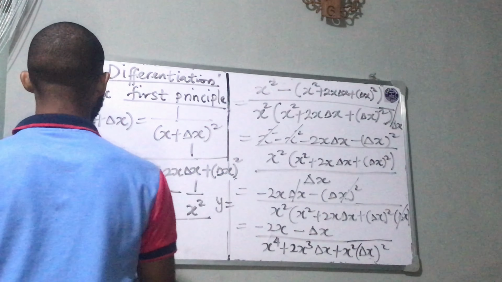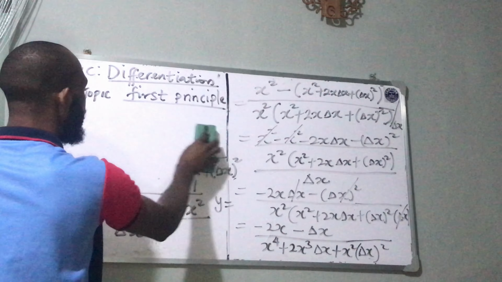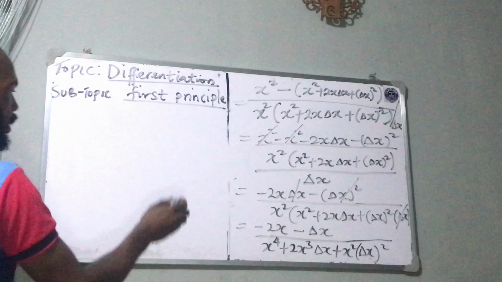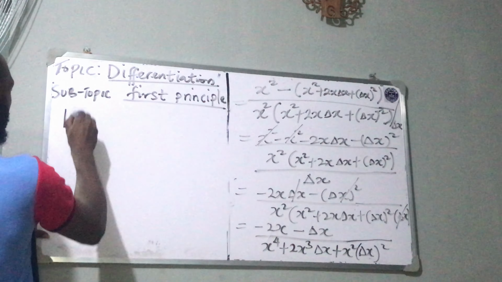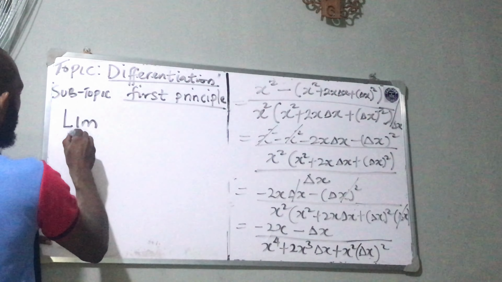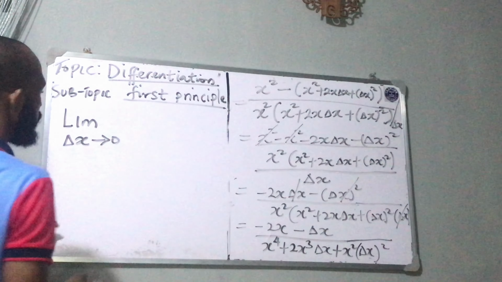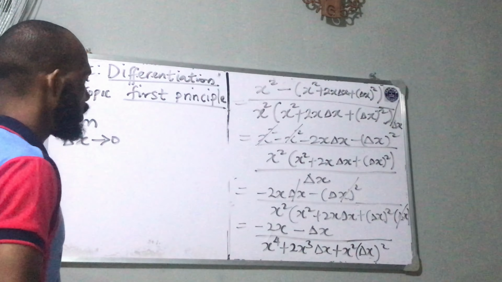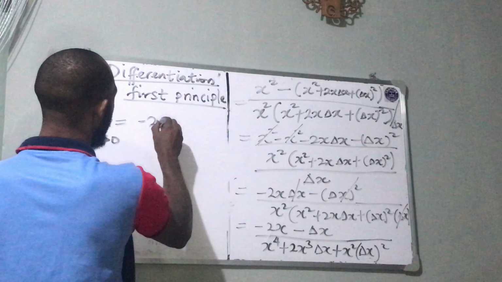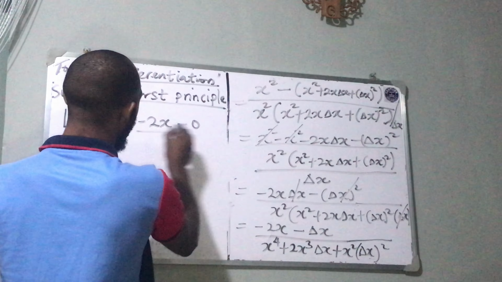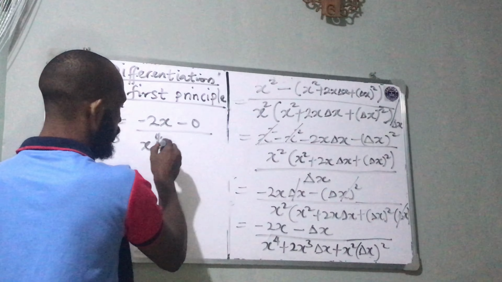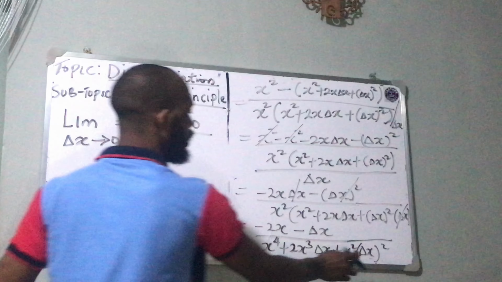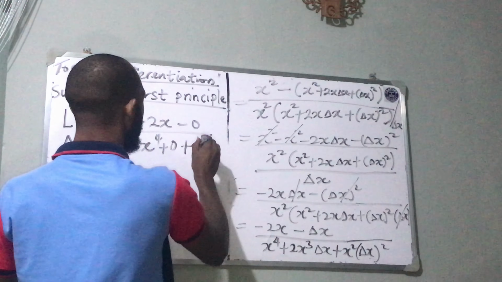Now from here we'll take the limit as change in x approaches 0. So I'll say limit, change in x approaches 0. That means all the change in x becomes what? 0. So I'll be left with minus 2x minus 0 over x raised to power 4 plus this becomes 0, 0 times this will have 0, this becomes 0, 0 times this will have 0.